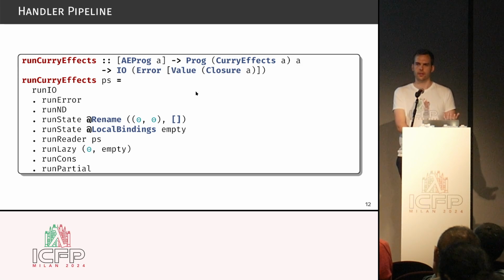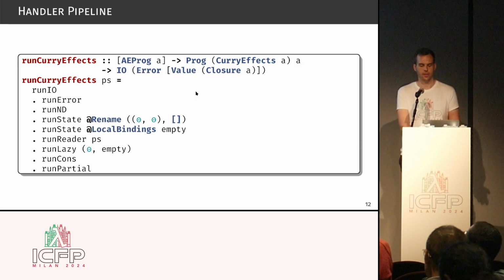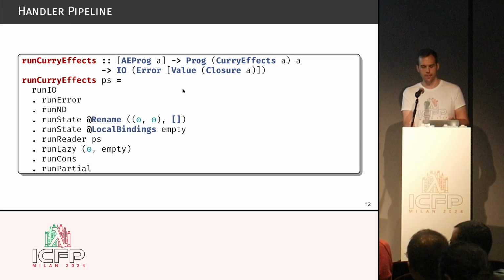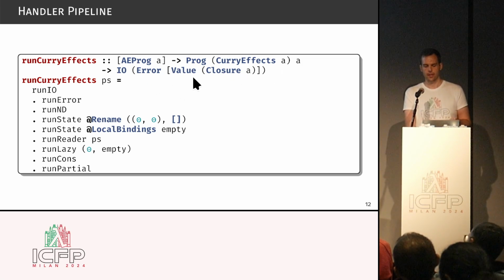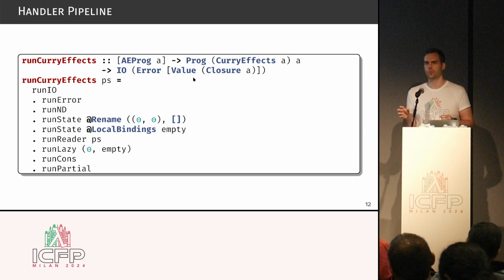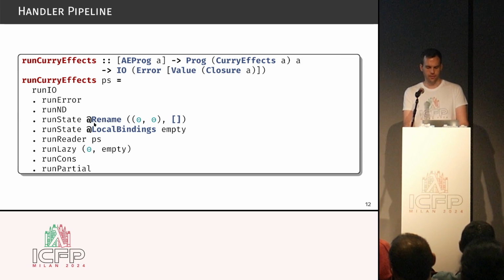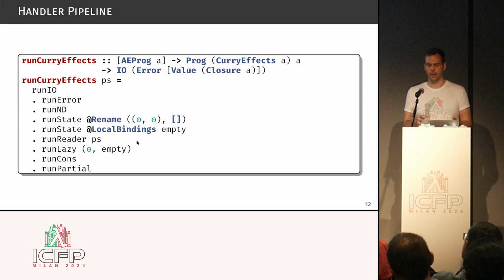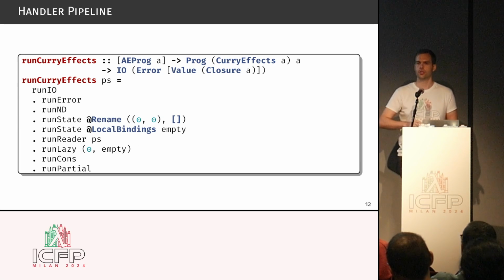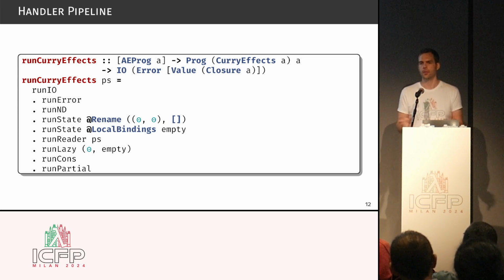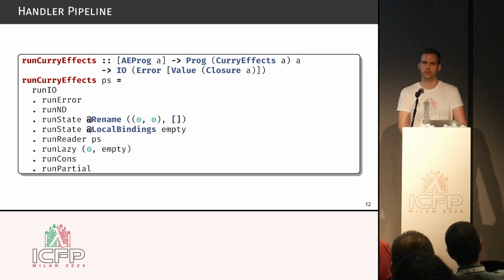I think the handlers that produce some part of this result here are fairly fixed due to what you want in the result. But there are also handlers like the reader, for example, here, which you can, I think, arbitrarily position in your pipeline without really having too much of a difference.